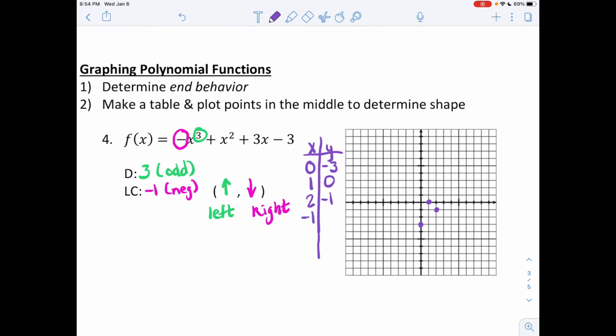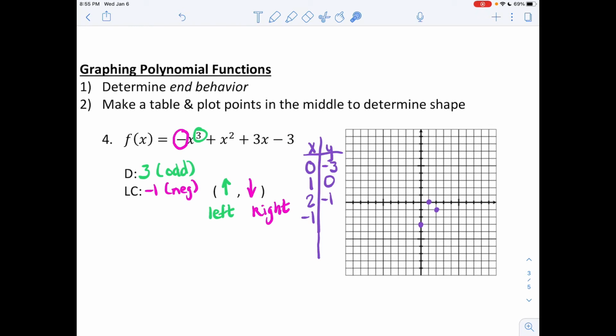Let's say -1 plugged in here. So -1 cubed is going to give me -1, and then a negative sign on that is going to make it positive. So we have a +1 for our first term. -1 squared is also a +1, so now we're up to +2. 3 times -1 is -3. So +2, -3, -1.